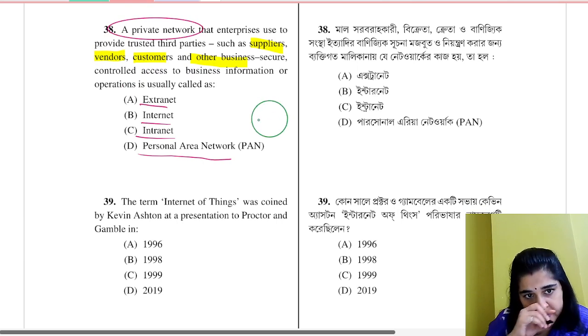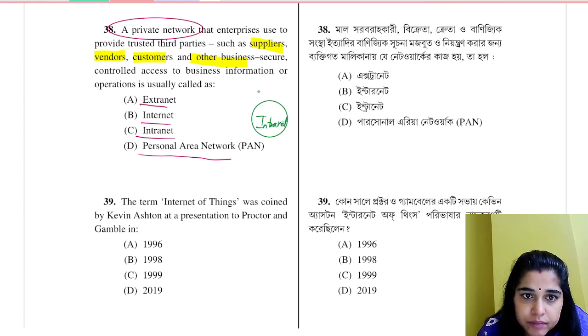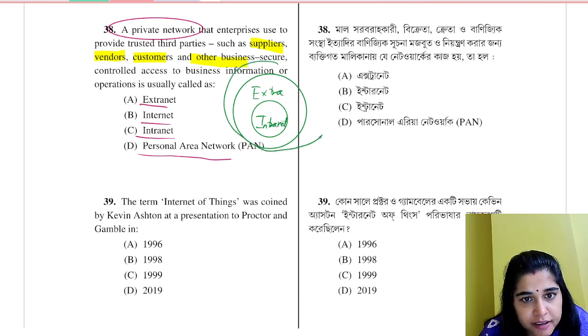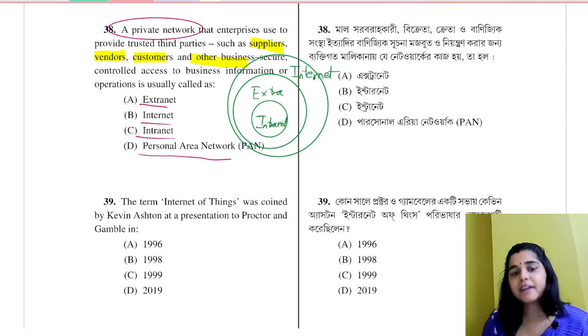The smaller one is what? Intranet. And bigger than that is extranet. And bigger than that is your internet.